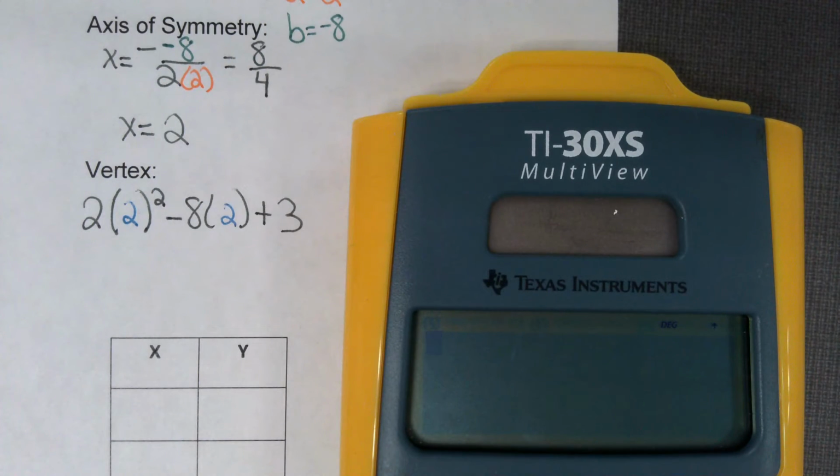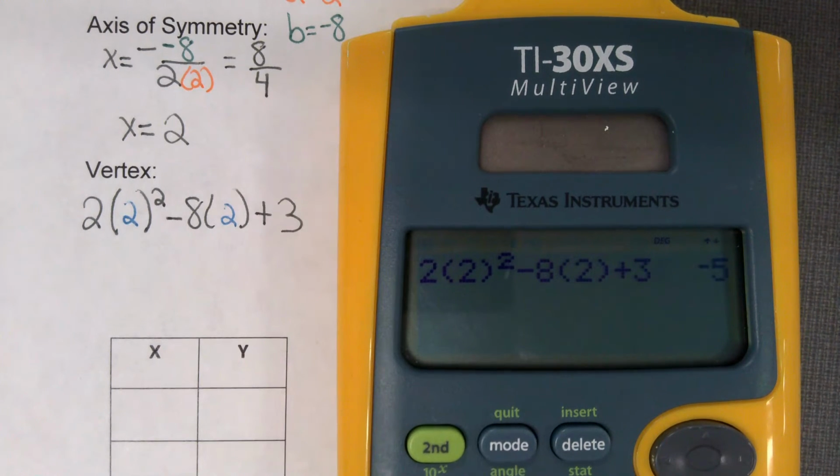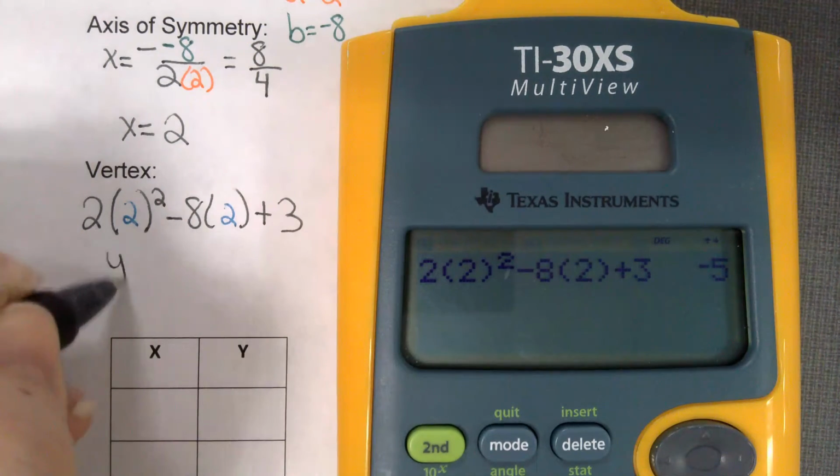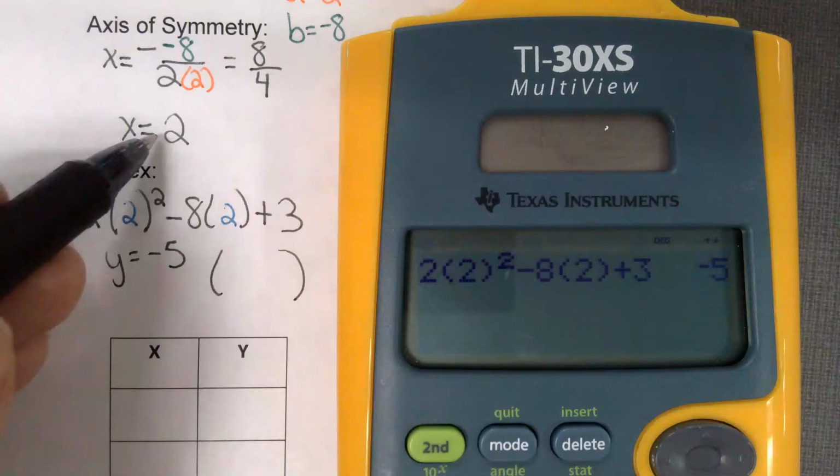In our calculator, it would look like this. 2 parentheses 2 squared minus 8 times 2 plus 3. And we get -5. So y is equal to -5. That means our vertex is at 2, -5.